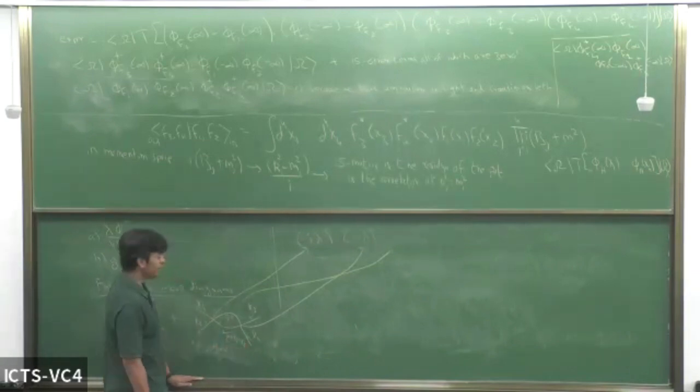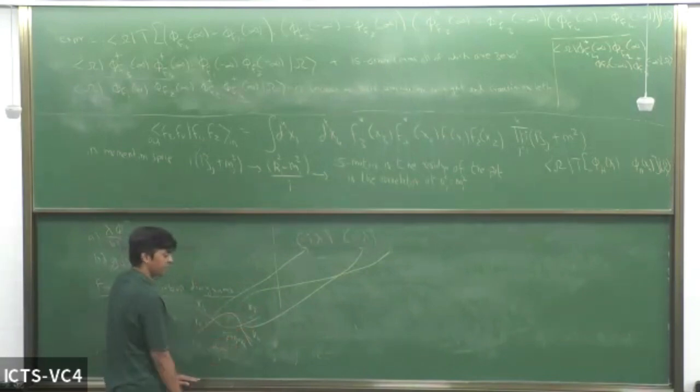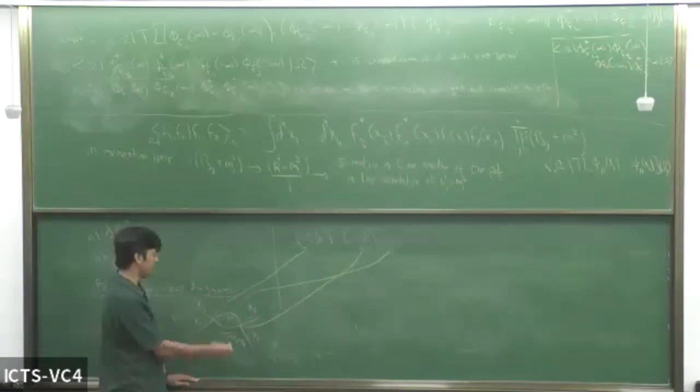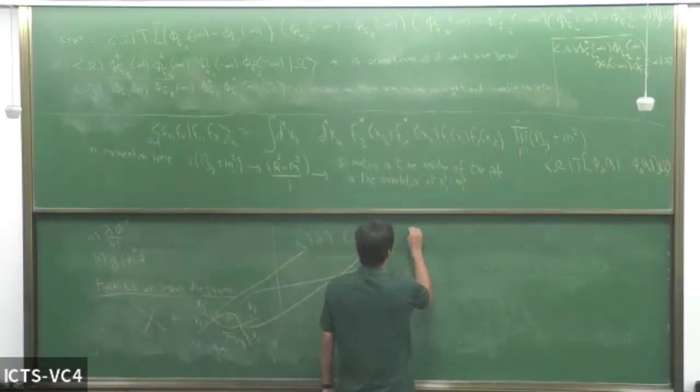There is an overall energy momentum conserving delta function which tells you that K1 plus K2 plus K3 plus K4 is 0. But if you call this P, this is P plus K3 plus K4, and you can't fix what the value of P is. There's no unique value of P that will satisfy energy momentum conservation. So you get a propagator which looks like P squared minus M squared plus I epsilon.